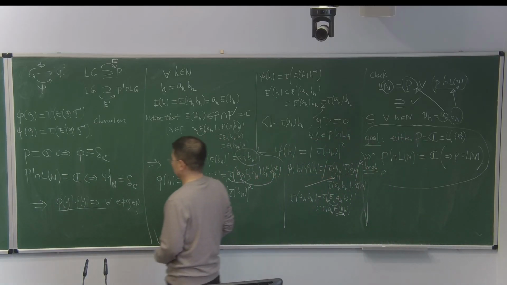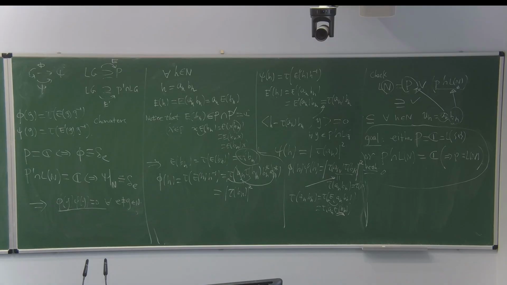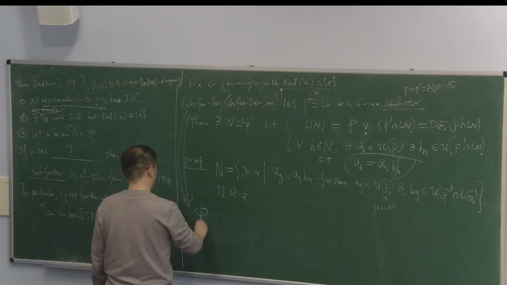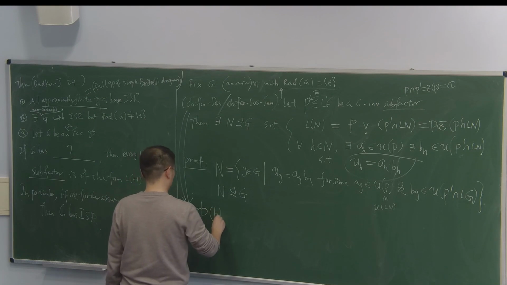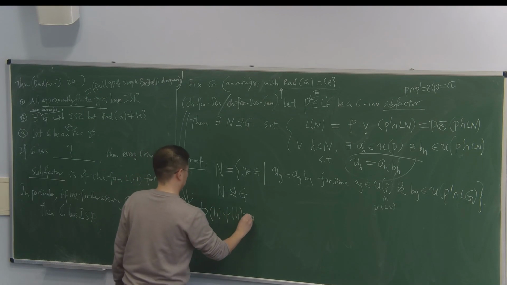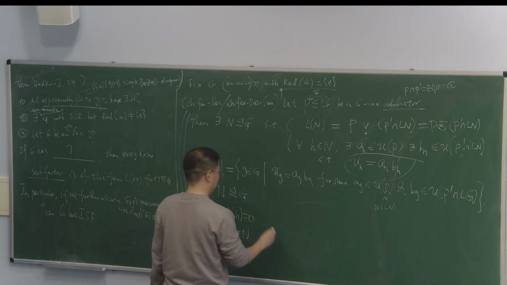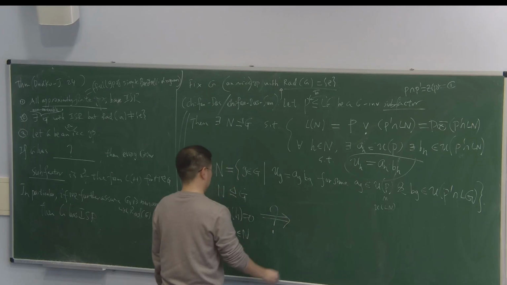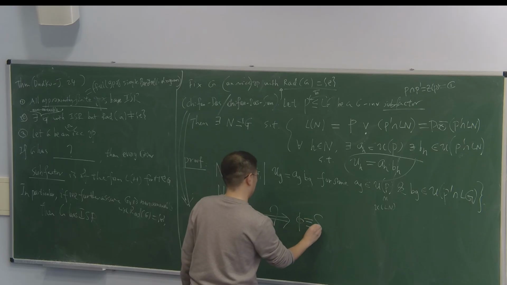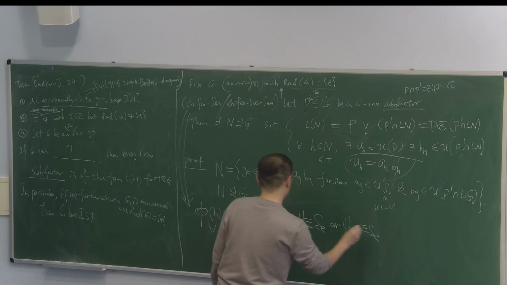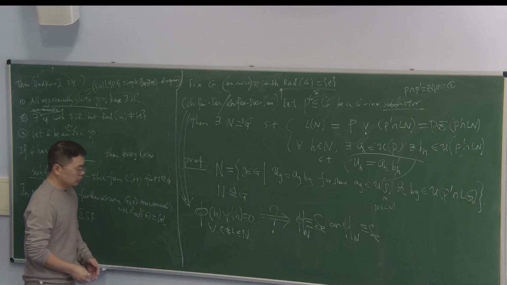So what we have from this fact is that if you define phi and psi in this way, then phi h psi h equals 0 for any non-trivial element in N, and we want to deduce that phi equals delta E, maybe you can put a restriction here, or psi equals delta E. It's kind of a splitting property.